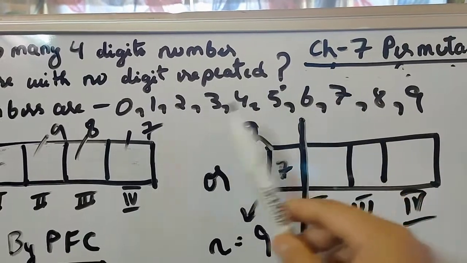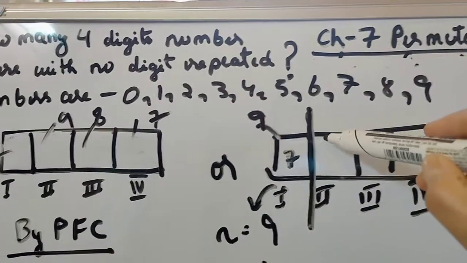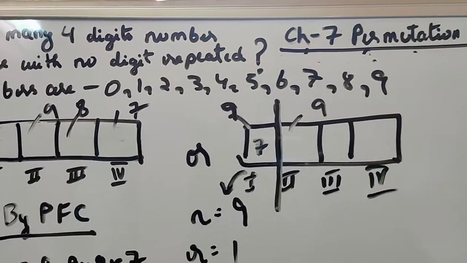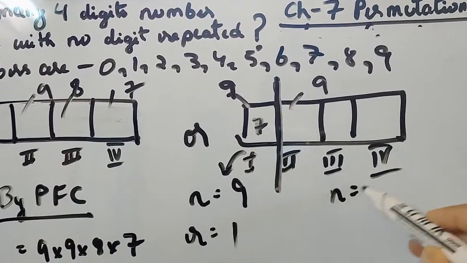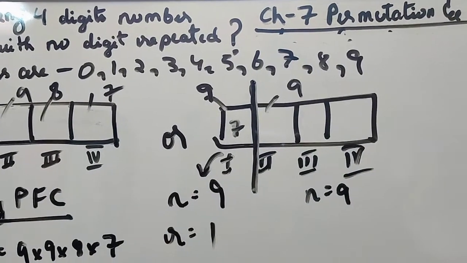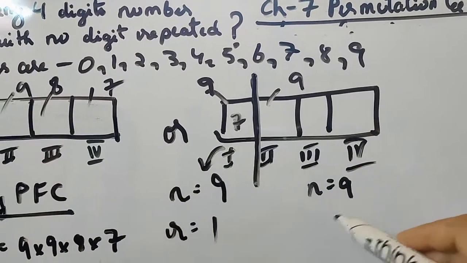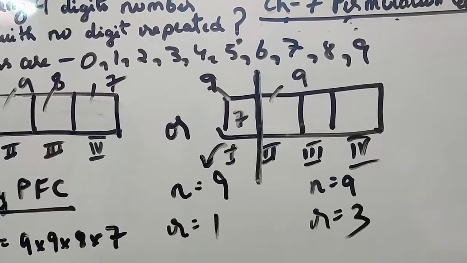If you take 7, here I can use 0, so I will be again left with 9 more digits. So in this case my n will be 9. I am considering the 3 boxes, so my arrangement r will be 3.